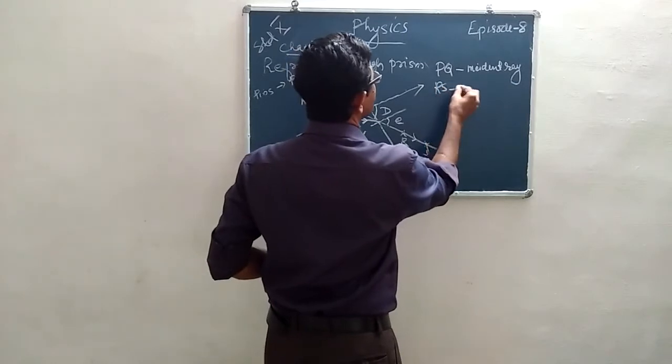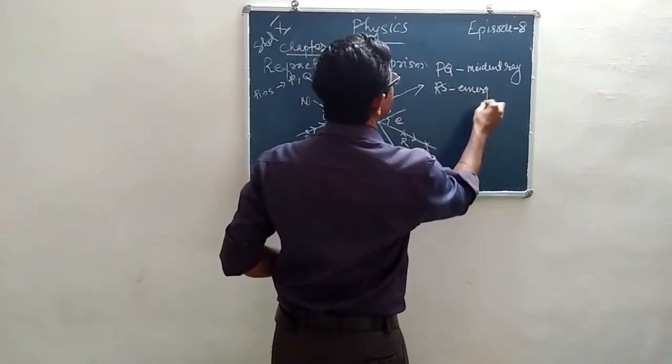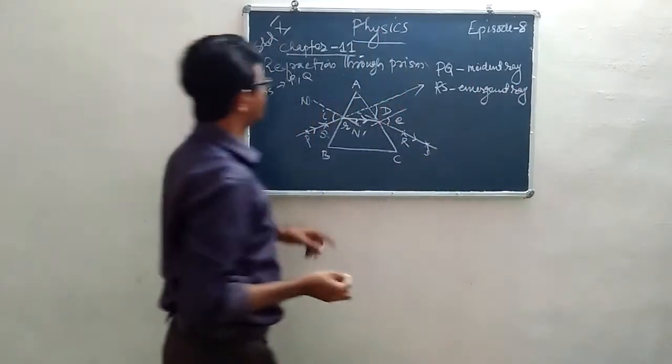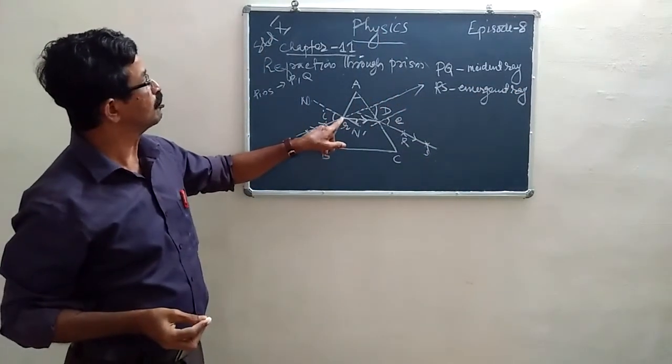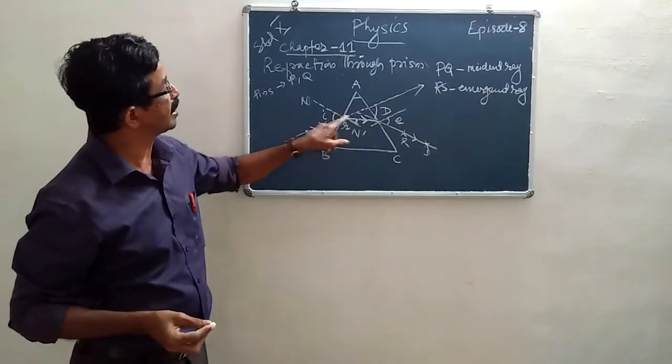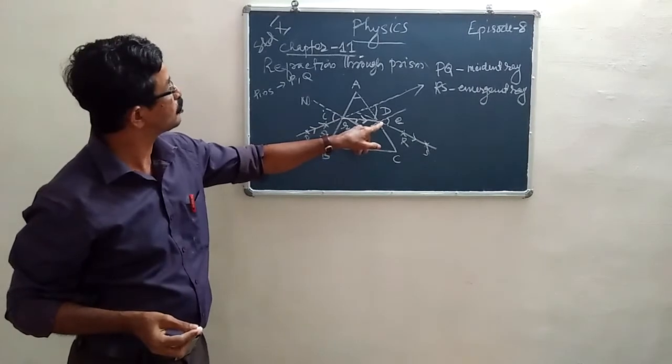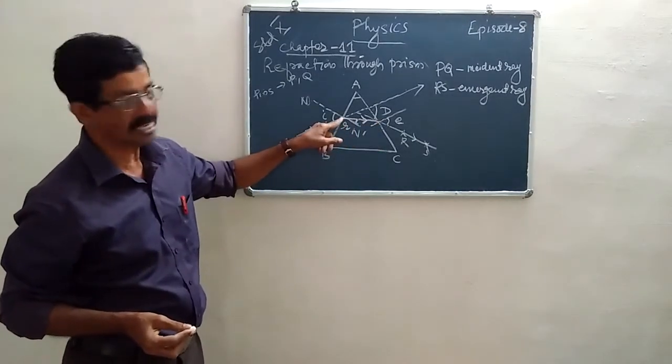RS is the emergent ray. And from this PQ, this one from this point to here is the refracted ray.